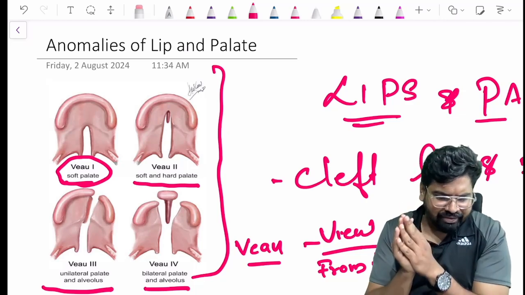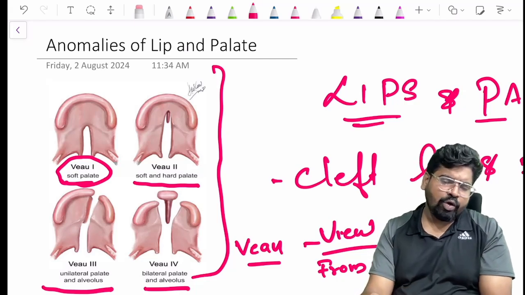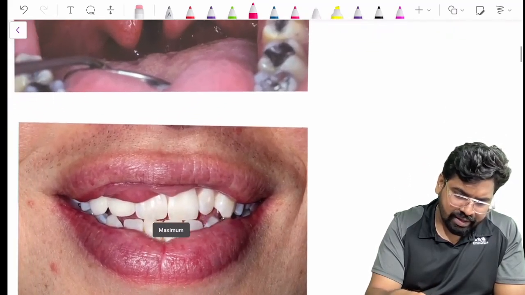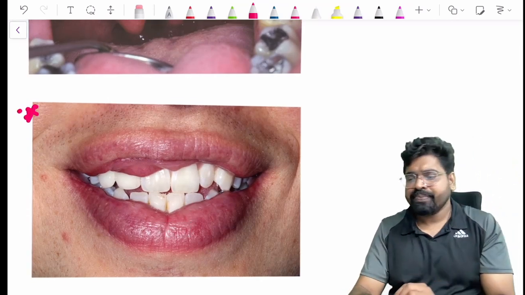Please remember Veau's classification. Now, another lip anomaly that we have to learn is this. Can you please see this picture?